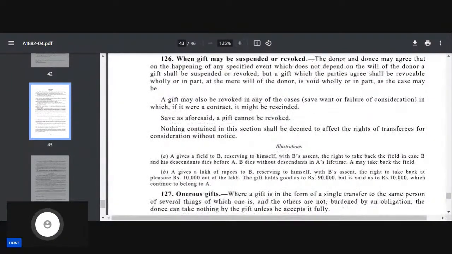It's the same illustration which I have given you in question number 21. Right? A gives a lakh of rupees to B, reserving to himself with B's assent the right to take back at pleasure rupees 10,000 out of the lakh. The gift holds good as to rupees 90,000 but is void as to rupees 10,000, which continues to belong to A. Right? Okay. So coming back to the questions now.